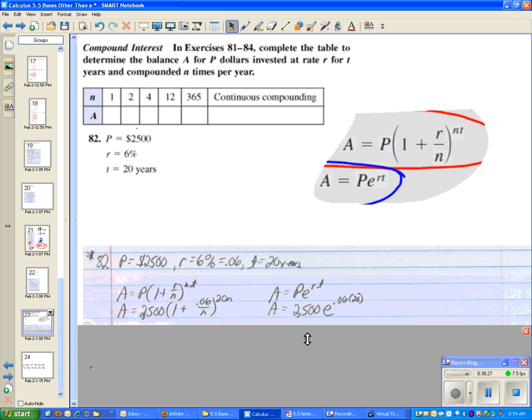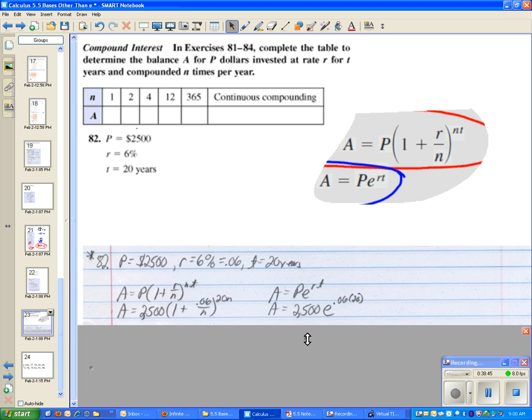If we use the compounded N times per year formula, A equals P times 1 plus R over N to the NT.